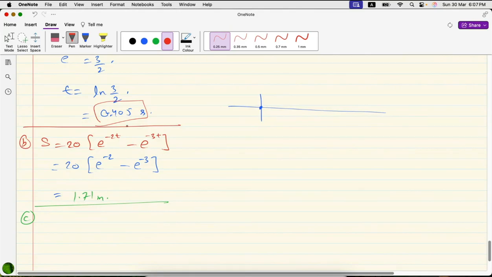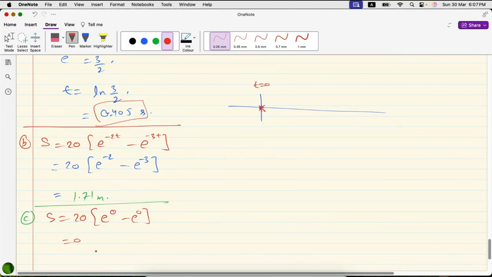So I need the displacement at 0.405 as well. First I'll check at 0. Displacement when time is 0: e raised to power 0 minus e raised to power 0, that's 1 minus 1, 0. So at time t equal to 0, it is at the origin.